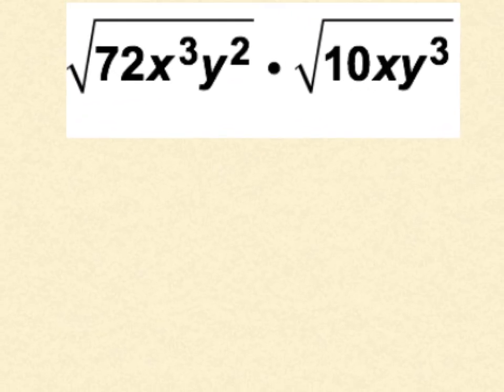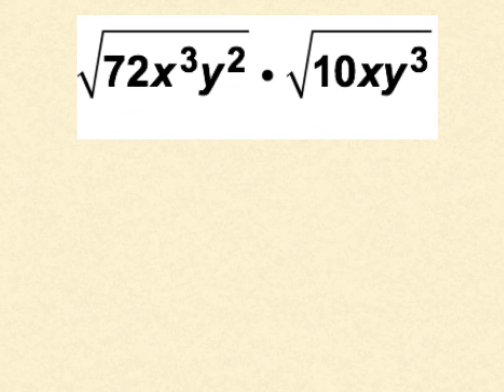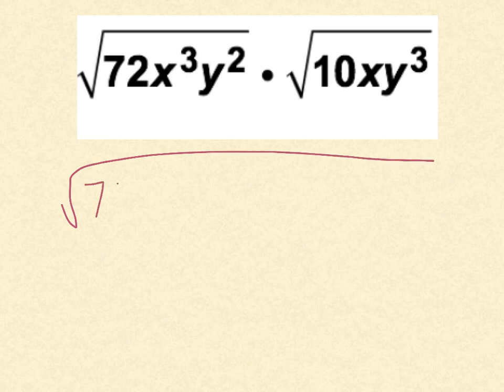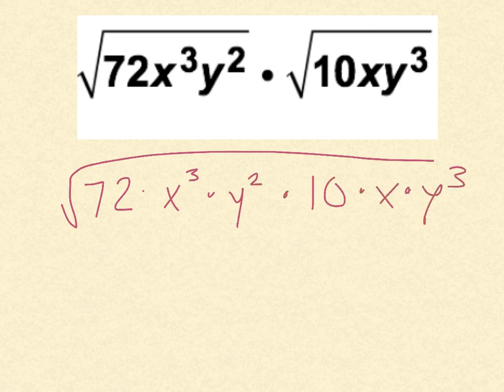So we're going to do an example of multiplying first. Since we have the same index here, we can put it all under the same square root. So we have 72 times x cubed times y squared times 10 times x times y cubed. Now we can factor all of this out and circle our pairs.